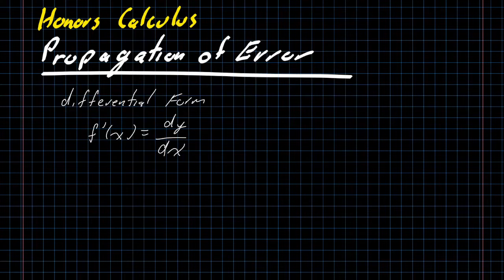Pretend that dy over dx is a fraction and multiply both sides of the equation by dx. I get that f prime of x dx is equal to dy. This is called the differential form of the derivative.